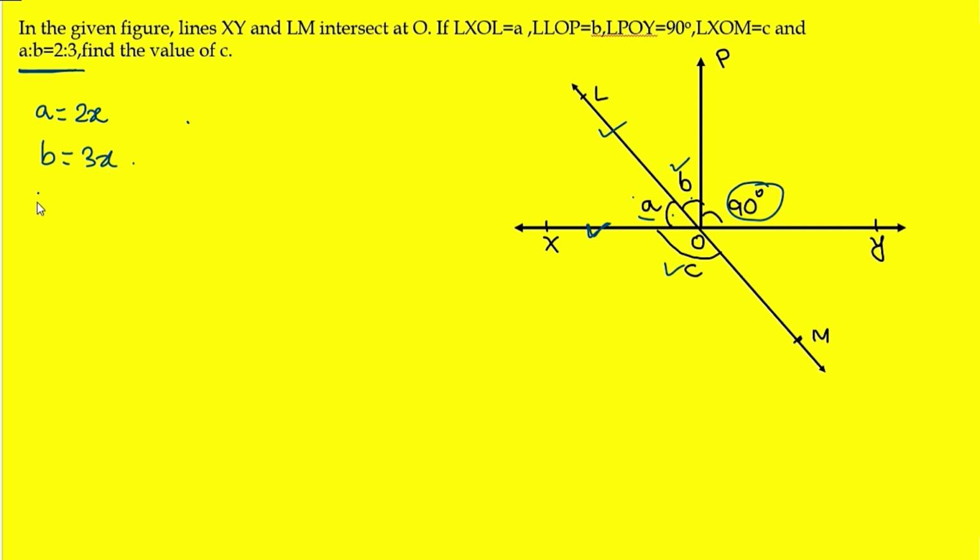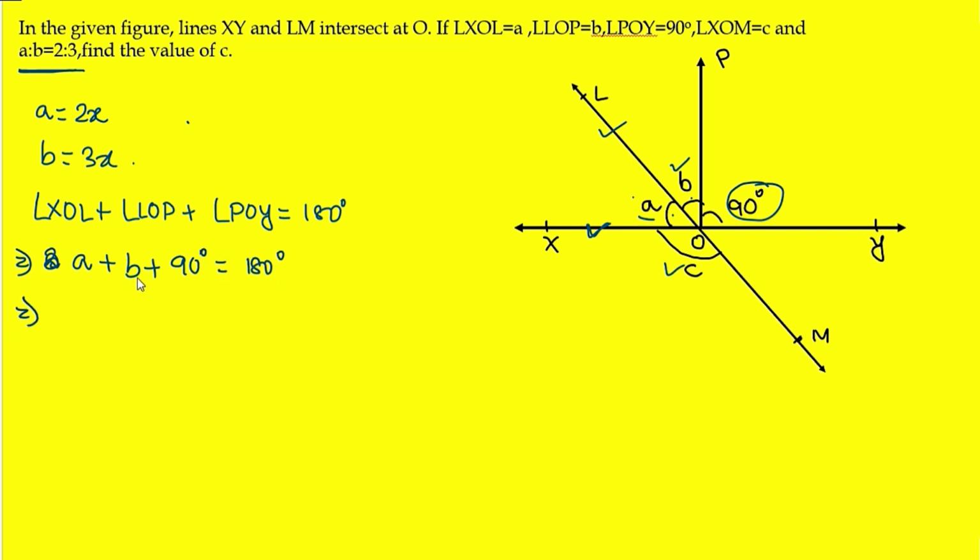So we can write that angle XOL plus angle LOP plus angle POY equals 180 degree. Okay, so angle XOL is 2x, or let's write it as A because it's given as A, angle LOP as B, and angle POY is 90 degree, that is 180 degree.